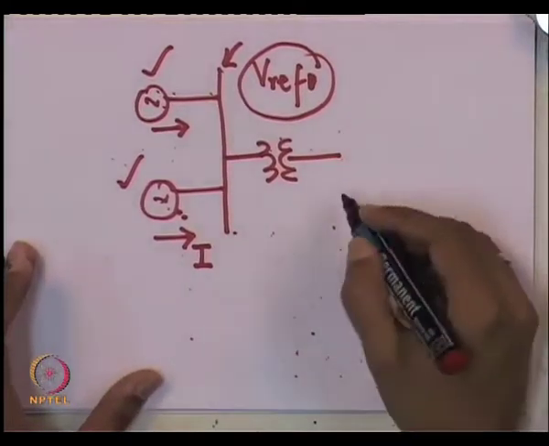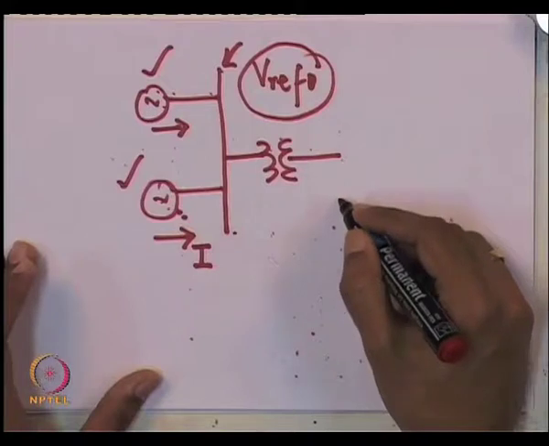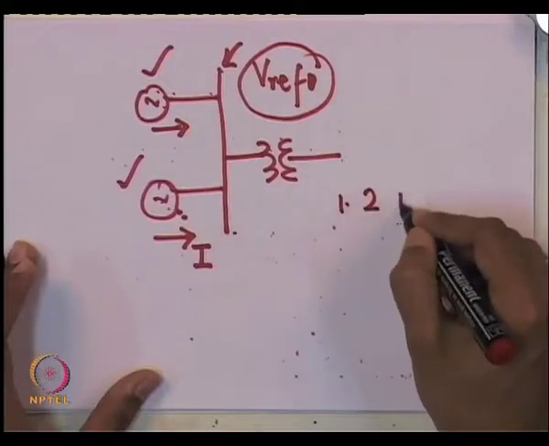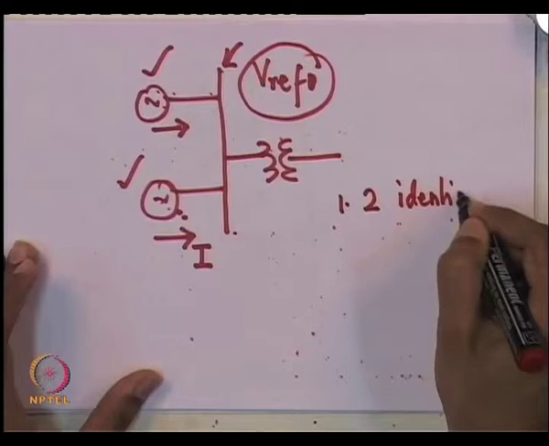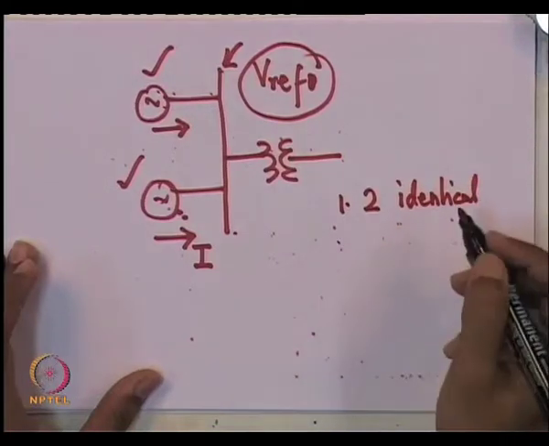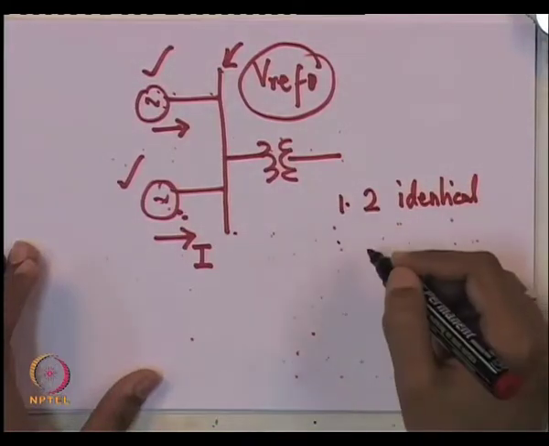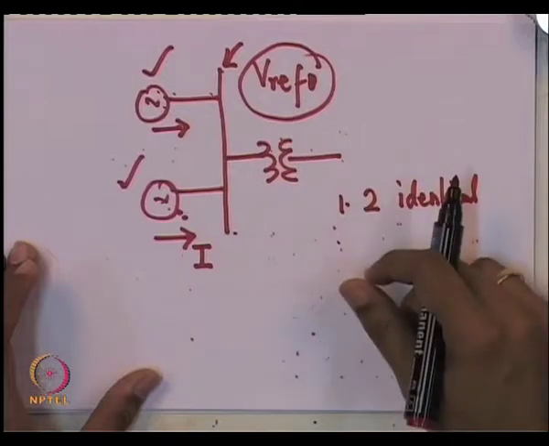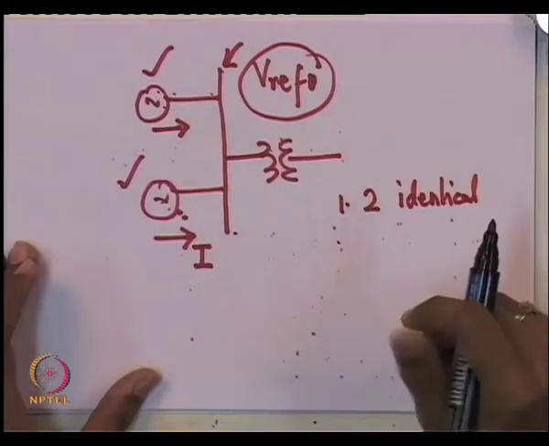So, the steps are, just to make things simpler, assume two identical generators, assume that they are supplying the same amount of real power. They have got the same mechanical power input, say, that is, the values are equal.